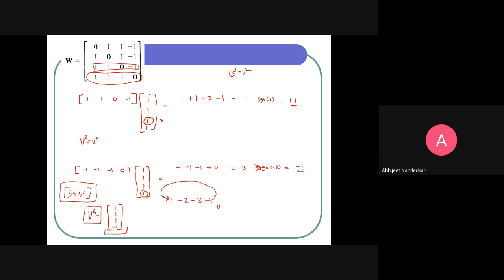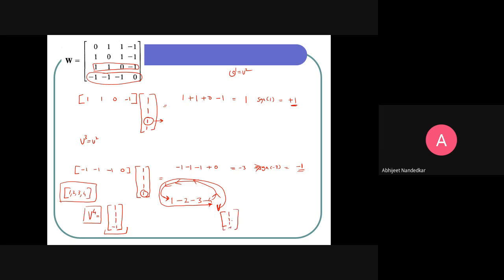So like that we have to iterate in this loop, and we will terminate this process when this V, when I iterate through this complete chain, has not changed. That means suppose I take this vector 1 1 1 minus 1.